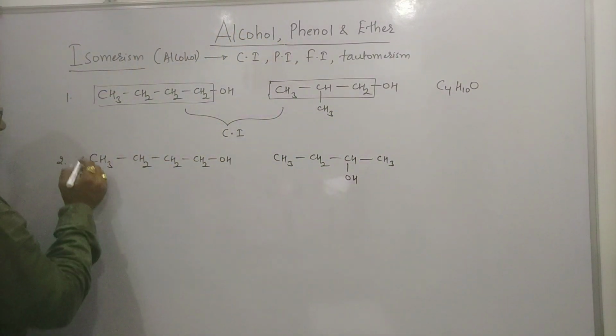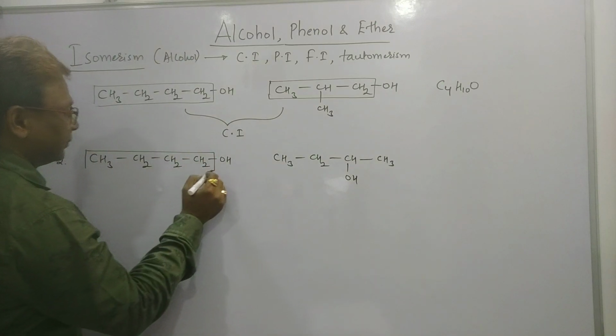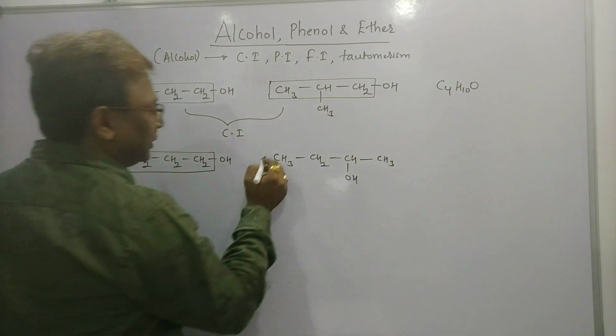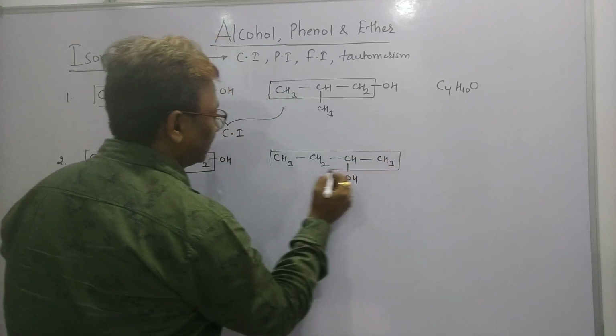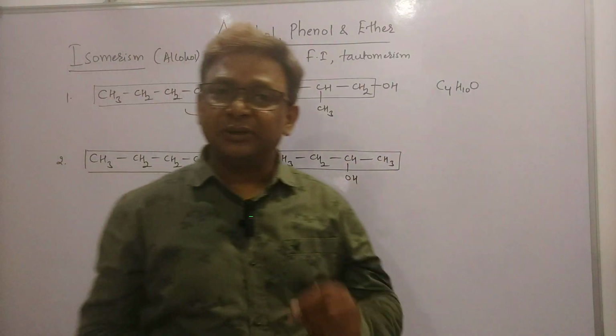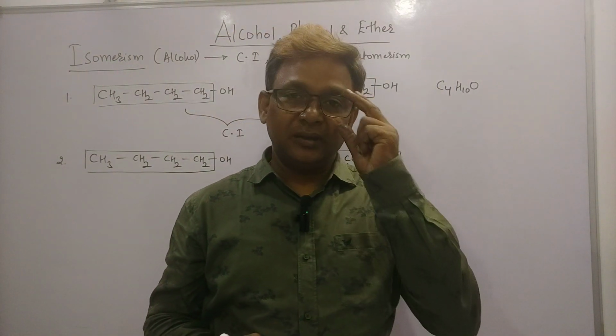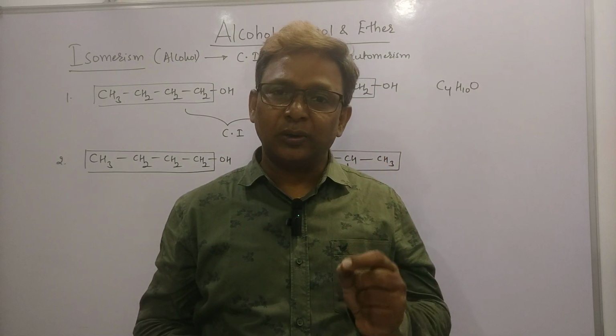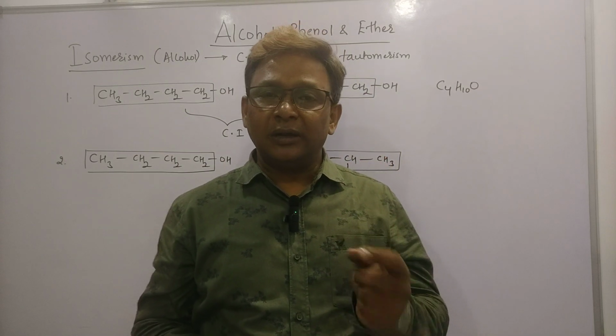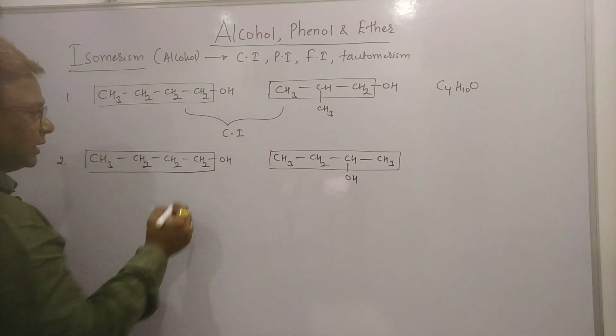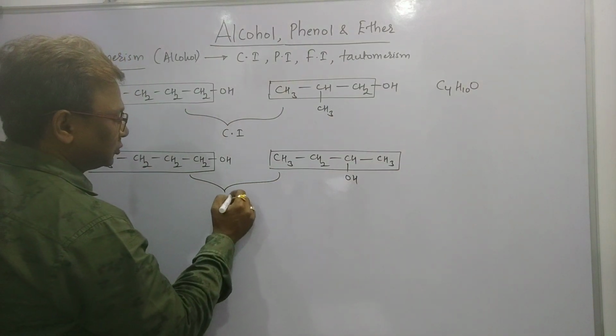But you can see how many carbon atoms are in the parent chain? 4. How many carbon atoms are in the parent chain? 4. If the size of the parent chain is the same, but the position of the substituent, functional group or multiple bond changes, then they are positional isomers to each other.